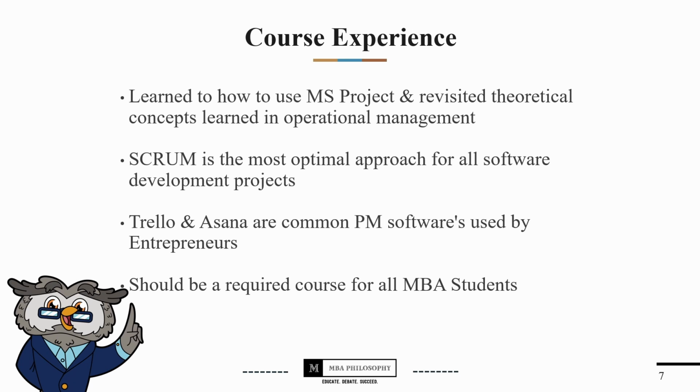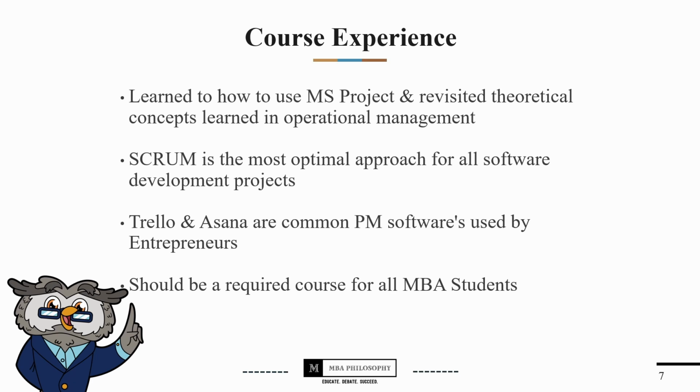My personal MBA course experience taught me how to use MS Project and just revisited theoretical concepts learned in Operations Management, and it all goes hand in hand and connects with one another, each course topic. Scrum, I learned, was the most optimal approach for all software development projects.